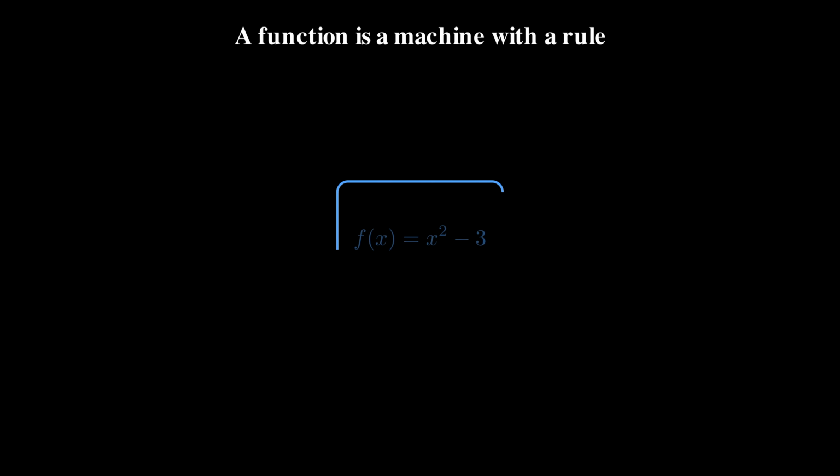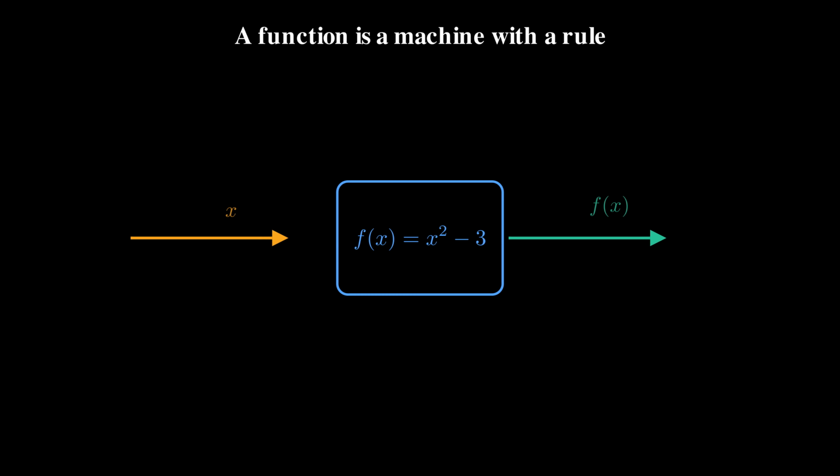Let's make that concrete. A function is a machine with a rule inside it. Feed in a number x on the left. The rule works on it. And out comes one number, f of x on the right. Our machine's rule is square the input, then subtract 3.